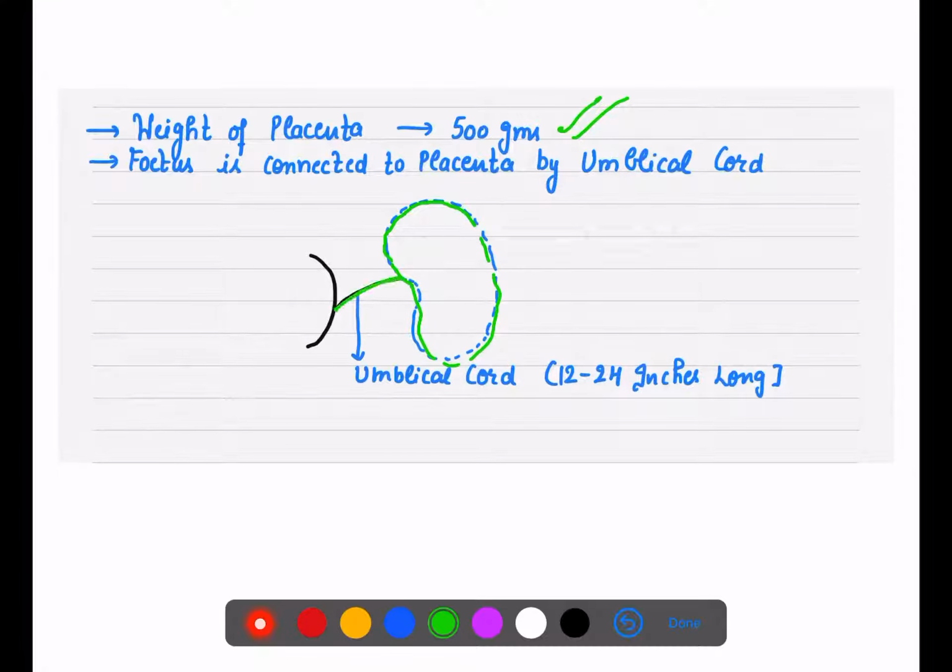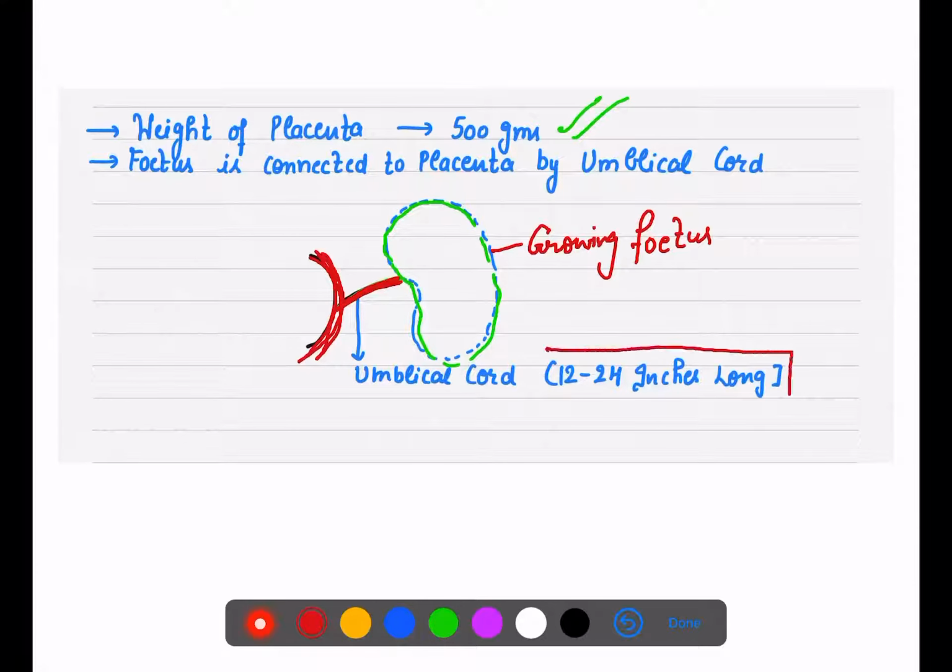With the help of a structure which is the umbilical cord. This is the maternal side, and this is the growing fetus. It is attached to this placenta with the help of the umbilical cord. And the umbilical cord is 12 to 24 inches long.